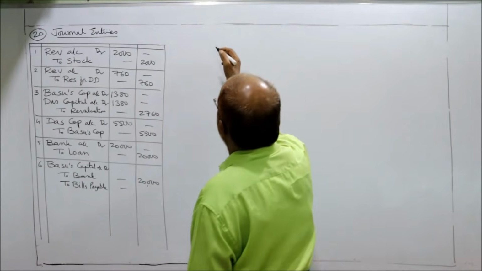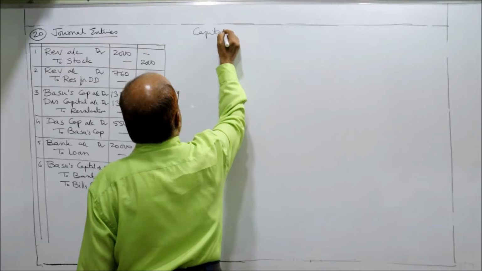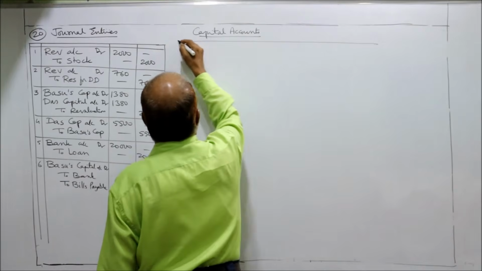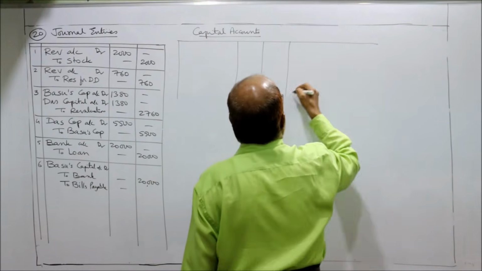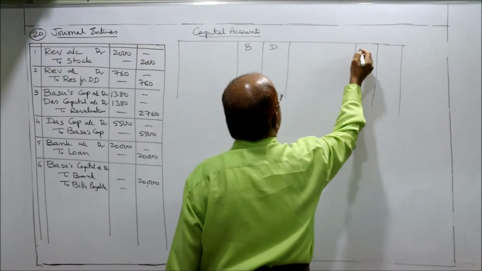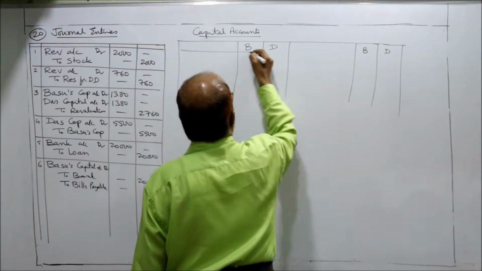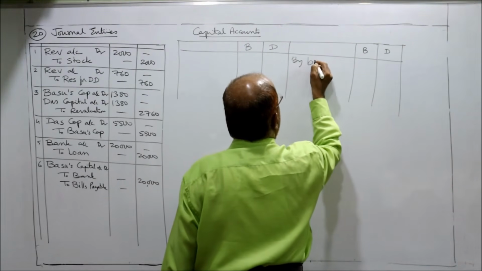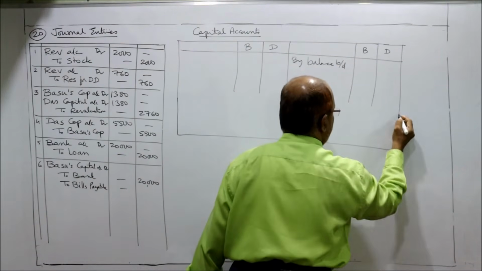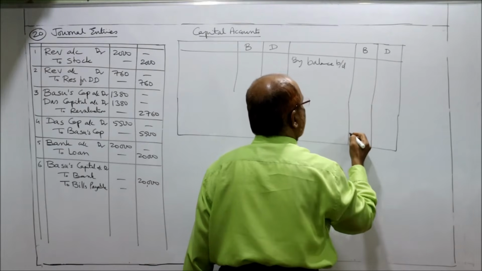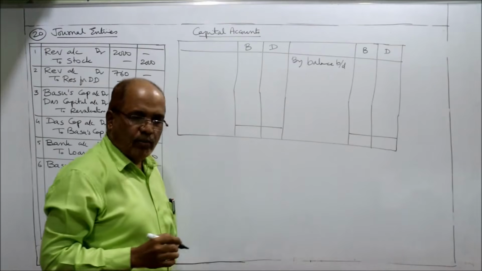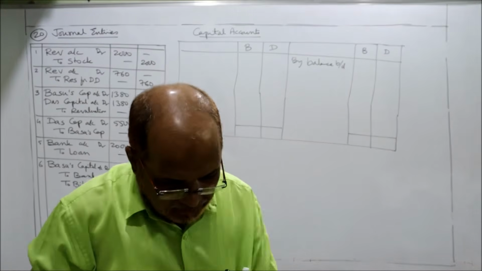Now we can make the capital accounts. Basu and Das. By balance brought down. Now, how much is the old balance of Basu and Das? 4536.